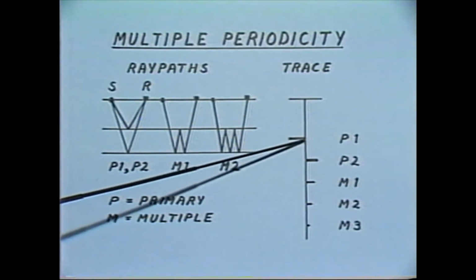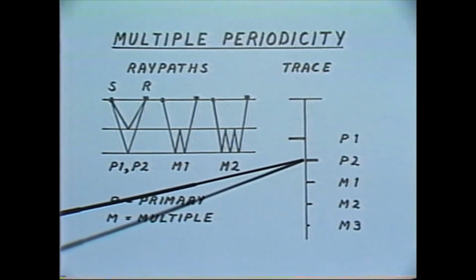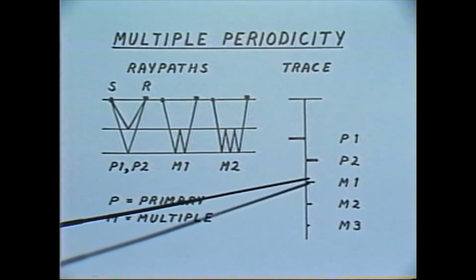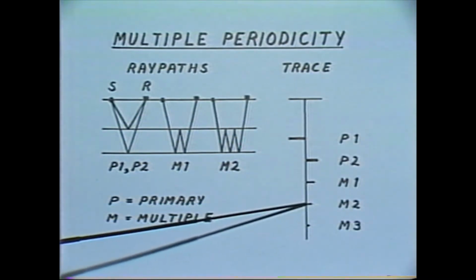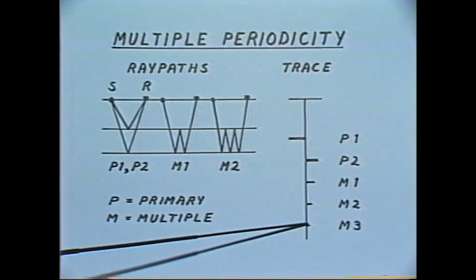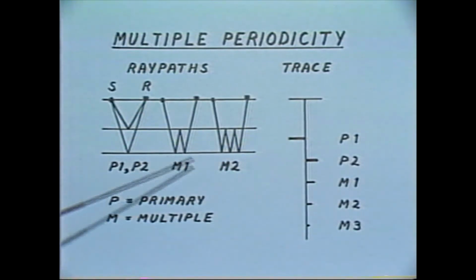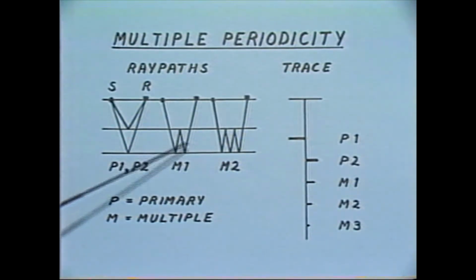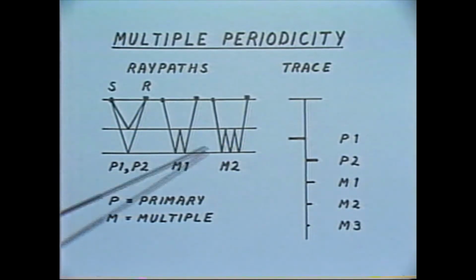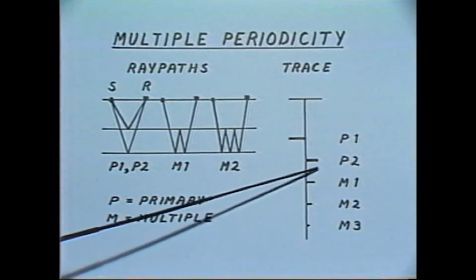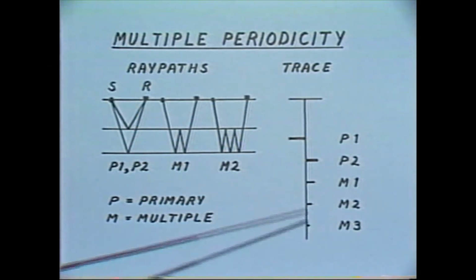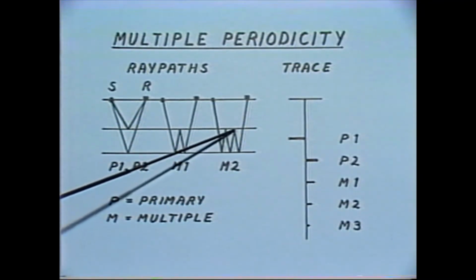We'd see the two primary reflections, then they would be followed by a sequence of multiple reflections, M1, M2, M3, indicating the number of times the energy is bounced up and down in those layers, and with the amplitude decreasing at each stage, because each time a reflection occurs the amplitude decreases.